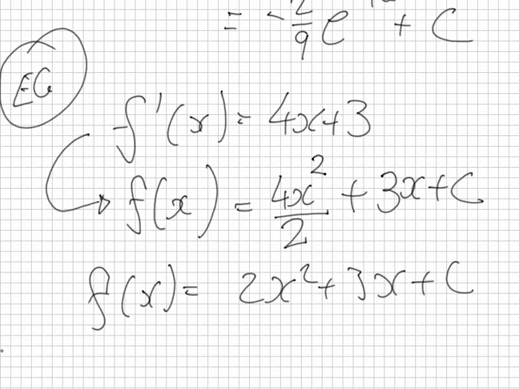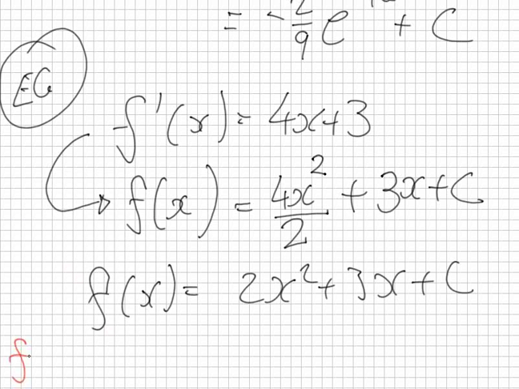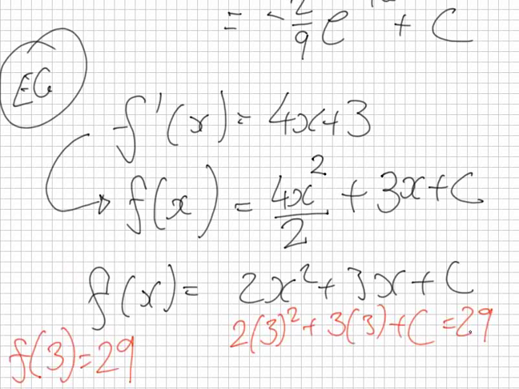Alright, so in this one here, you can find the c because in the question I tell you something about f of x. I say f of 3 equals 29. So that means if I put x as 3, I should get 29 as the answer. So we can check. 2 times 3 squared plus 3 times 3 plus c must equal 29.